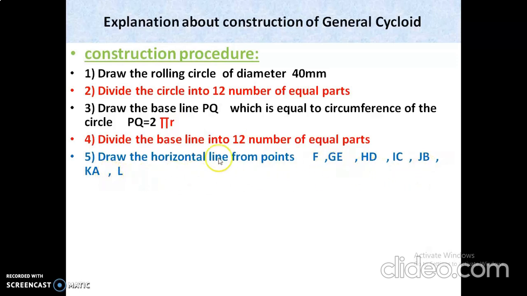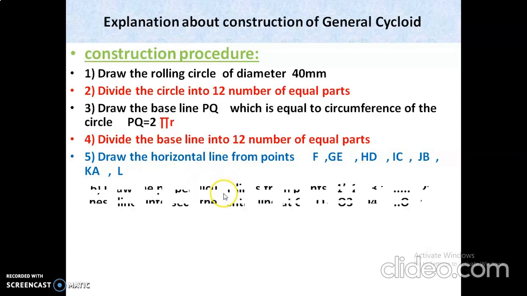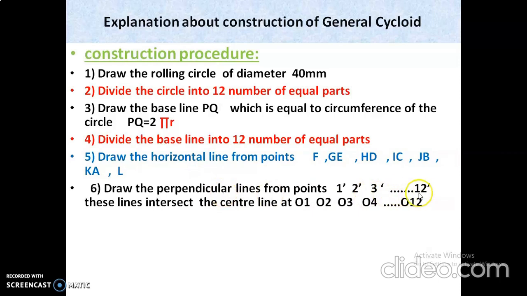Sixth point, draw the perpendicular lines from the points 1, 2, 3 and so on up to 12 dash. These lines intersect the center line at O1, O2, O3, O4 and so on up to O12.